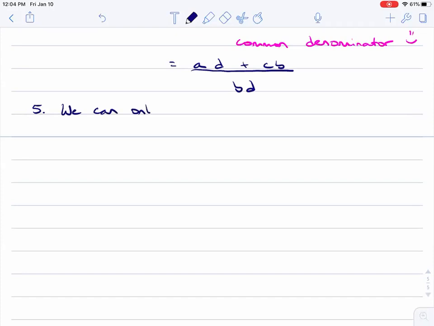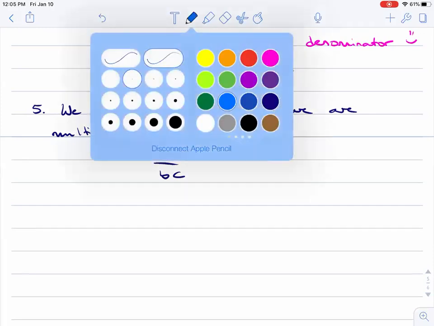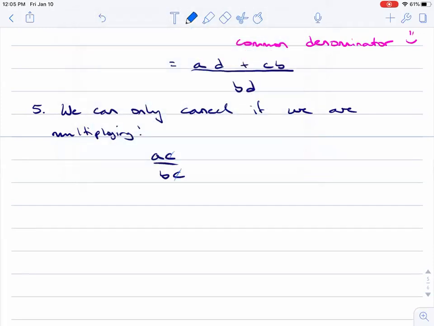We can only cancel if we are multiplying. Right. So AC over BC, those C's can cancel and get you A over B.